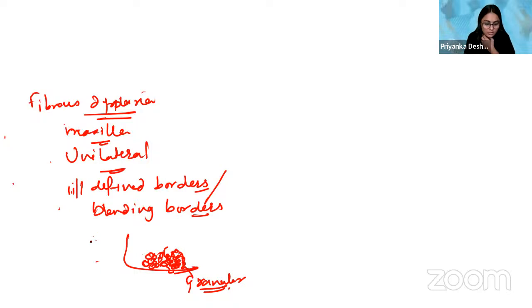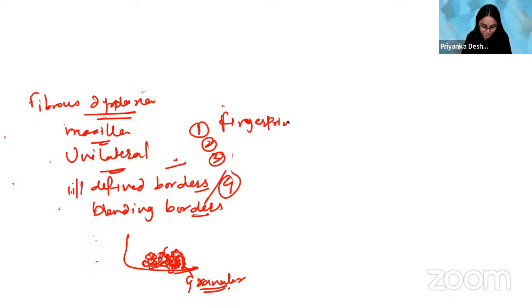Now in fibrous dysplasia, what patterns or appearances do you see? We will see four appearances in fibrous dysplasia. First is the fingerprint appearance.